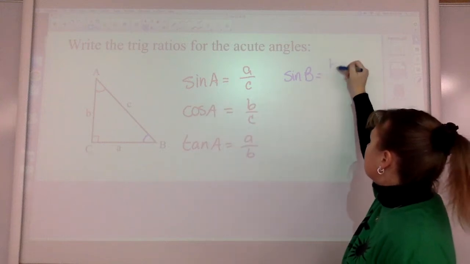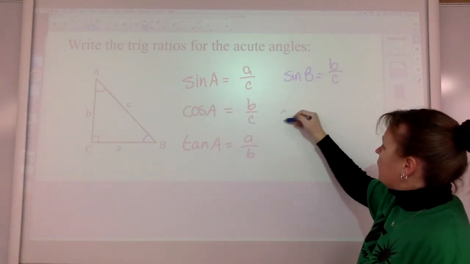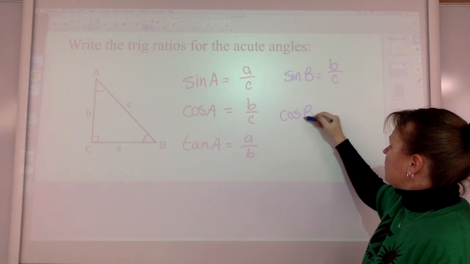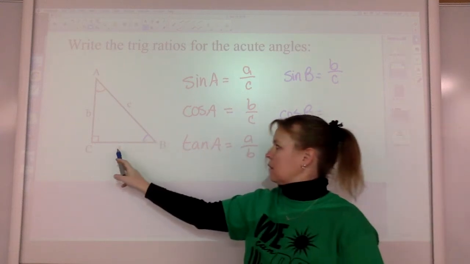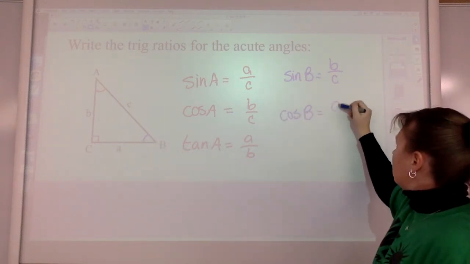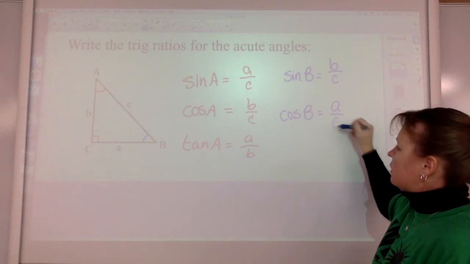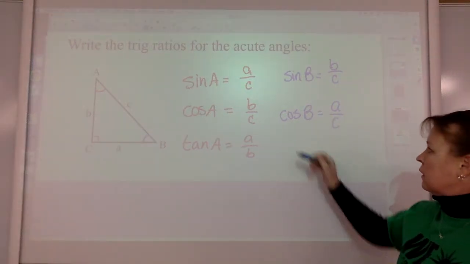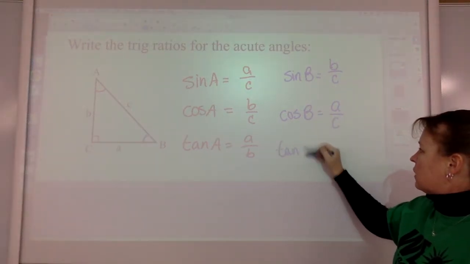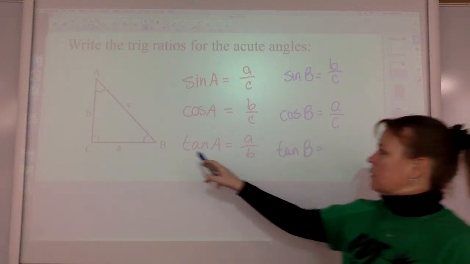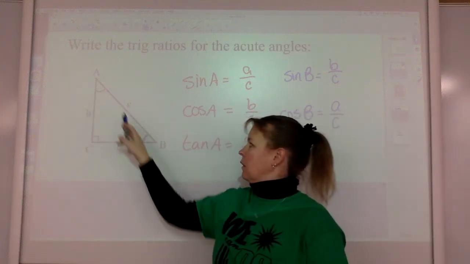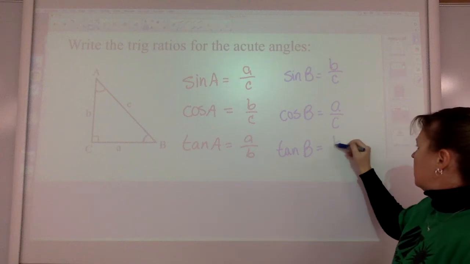Still c. Cosine of capital B is adjacent, next to A, over hypotenuse, c still. And the tangent of B equals opposite over adjacent, b over a.